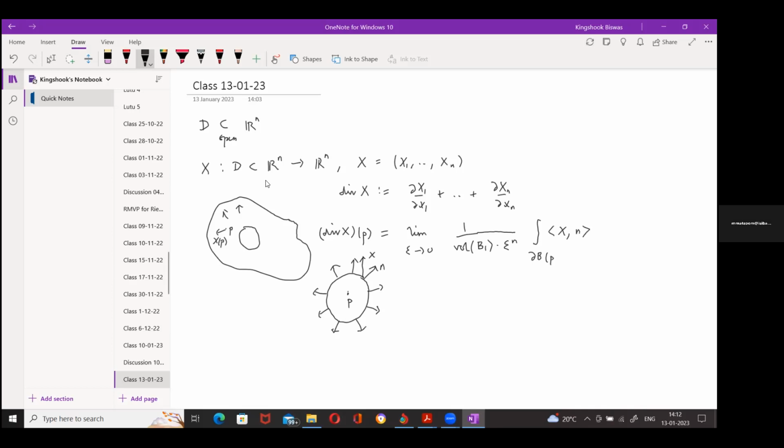And then you integrate this with respect to what's called the surface area measure of this ball of radius epsilon. We'll define this measure formally later in the course.